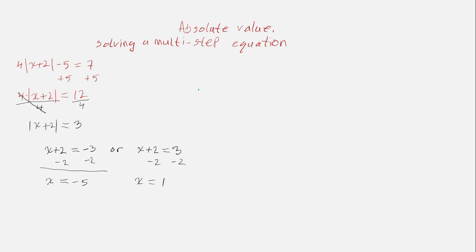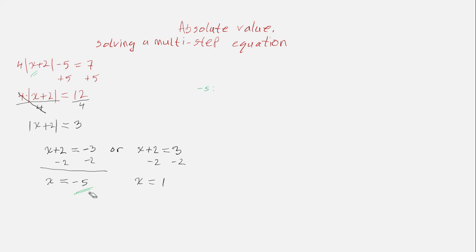So let's try with negative 5 first. How we do it, we take each value of x that we got and we plug them in for every x that we have in our original problem, right?